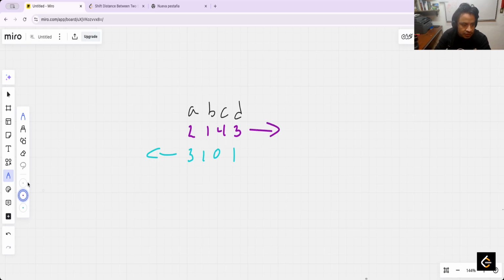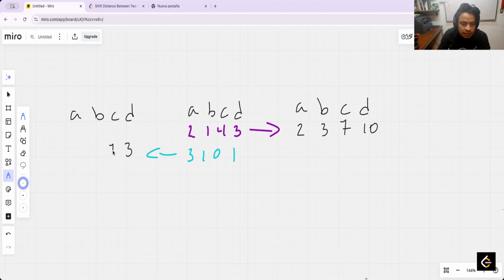This is the direction. And now for the first, well, it is the prefix sum. The prefix sum of A, B, C, and D is 2, 3, 7, and 10. And for this A, B, C, and D, we are starting with the final, that is 3.